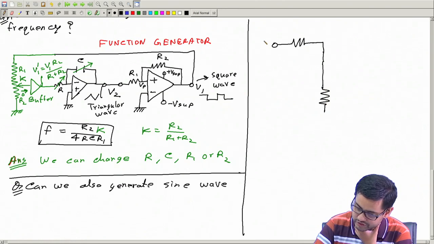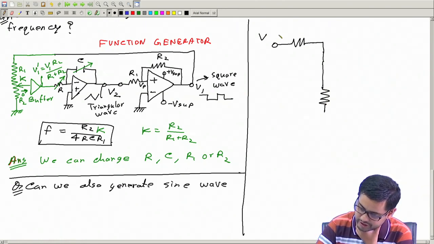So, this is say an input voltage Vi, and this is a potential divider, this is the output.